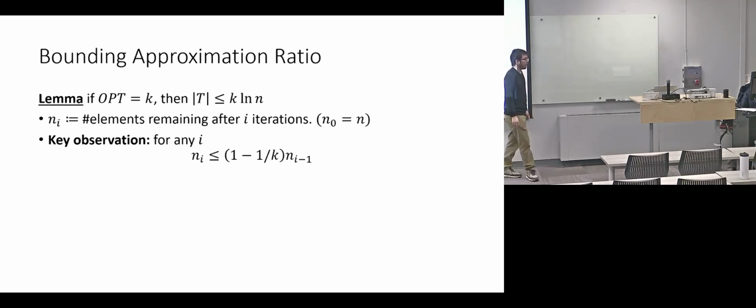In other words, after the ith iteration, we would cover at least a 1/k fraction of the previous iteration.